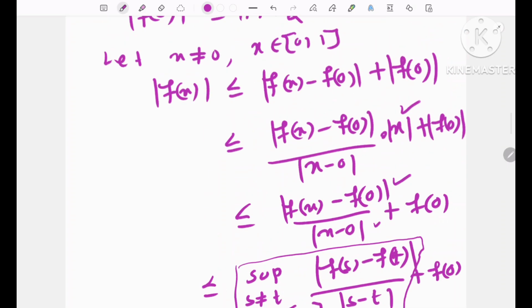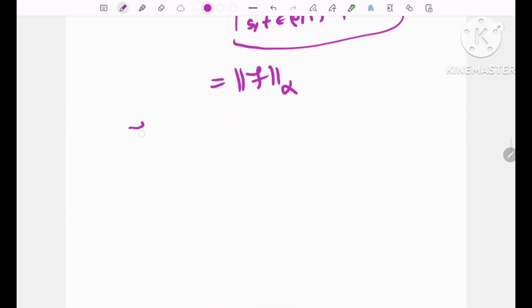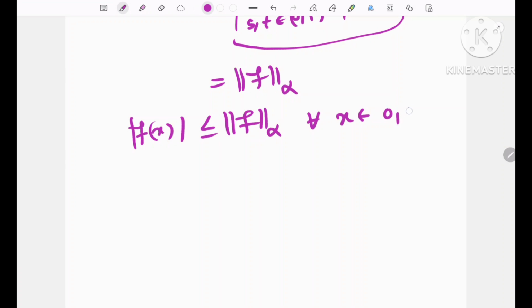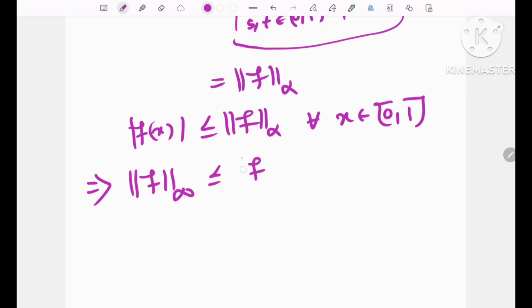So we establish that |f(x)| is less than or equal to the alpha norm of f for all x belonging to [0,1], and from there we take the supremum over x belonging to [0,1]. Then we establish that the sup norm of f is less than or equal to the alpha norm of f.